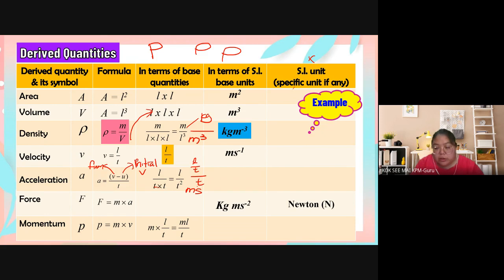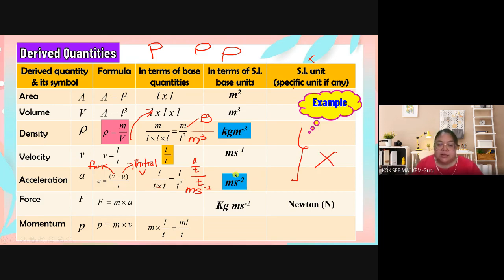But this one is at the bottom, I have to bring it up, so -2. So this one should be ms -2. Velocity is only -1. This one is velocity over time again, so ms -2. So from area until acceleration, we don't have a specific unit.